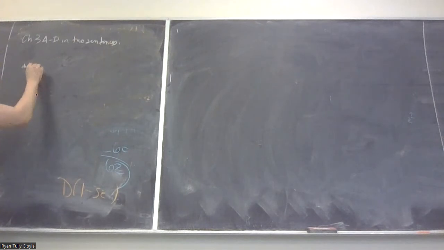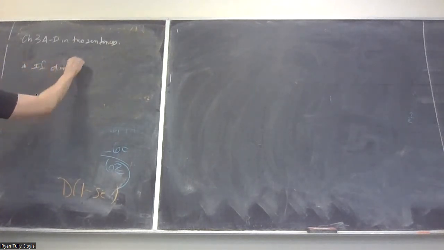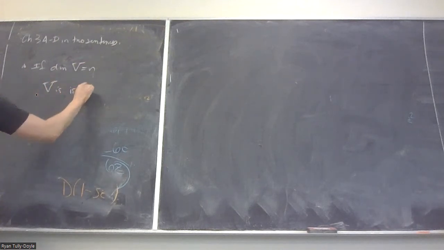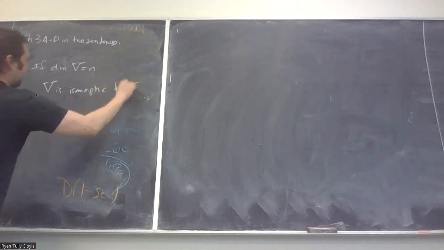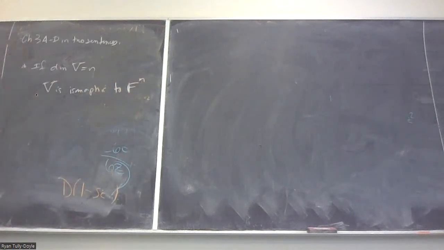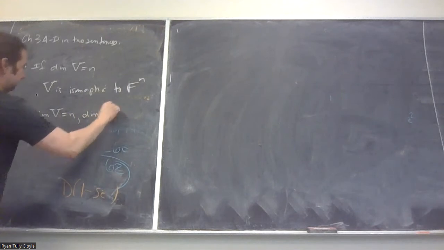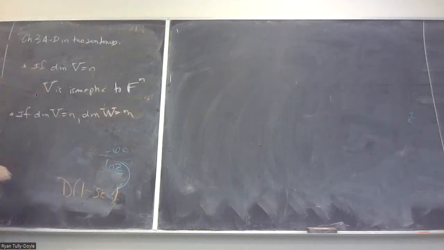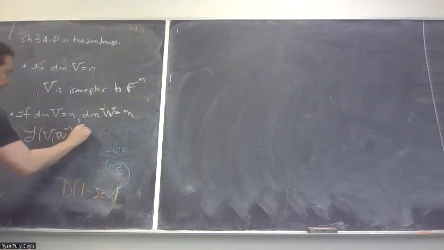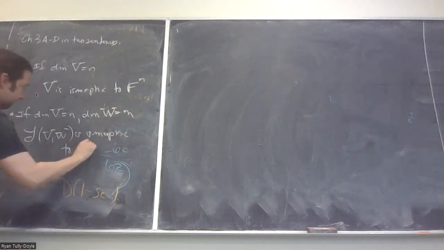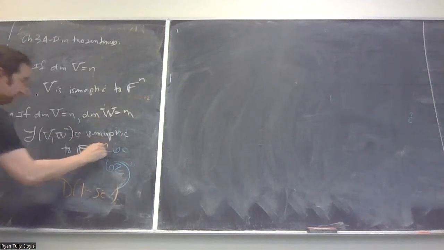First sentence: if the dimension of V is equal to n, V is isomorphic to F^n. Second sentence: if the dimension of V is equal to n and the dimension of W is equal to m, then L(V,W) is isomorphic to F^(m,n).